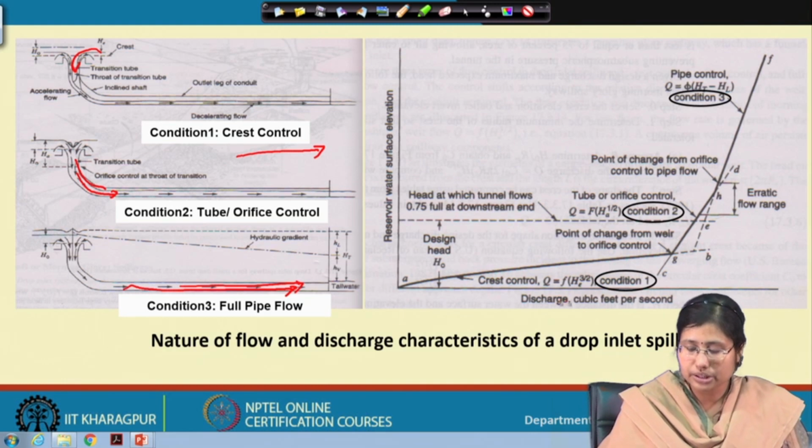Here, these are the reservoir water surface elevation versus the discharge characteristics curve of the drop inlet spillway.